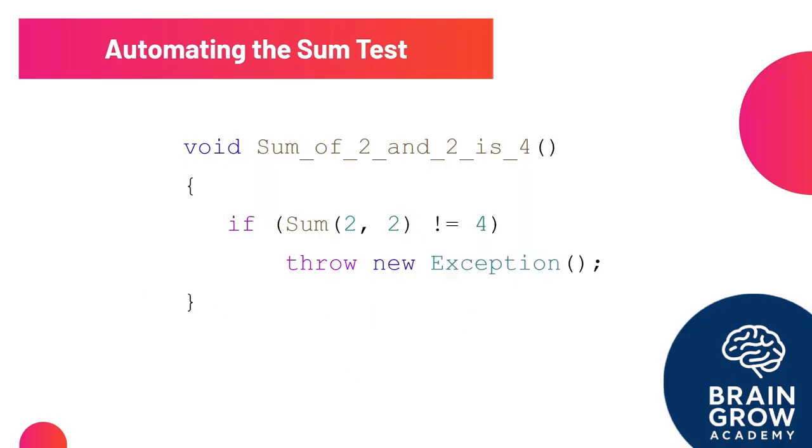Let's move the test code to a method. This is called a test method. We call the sum method the system under test in this context. So test methods test whether the system under test satisfies an expectation successfully or not. And we expect the sum of 2 and 2 to be 4.